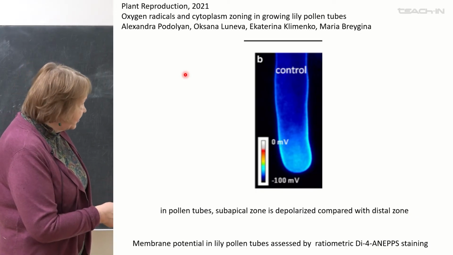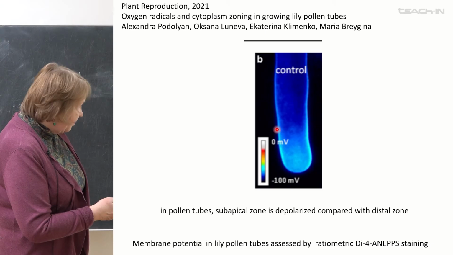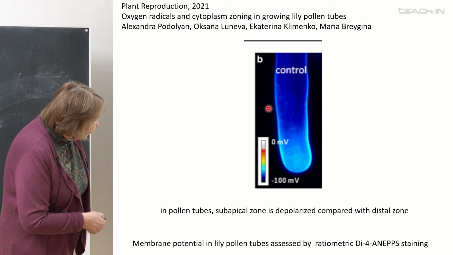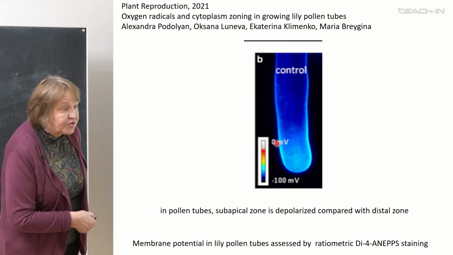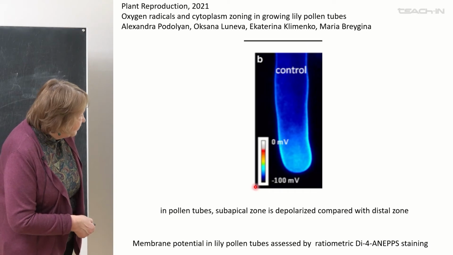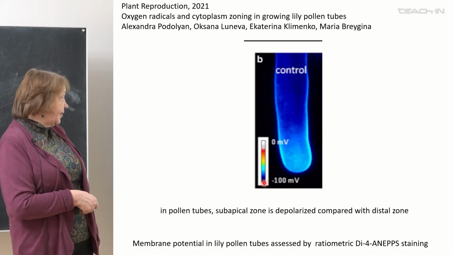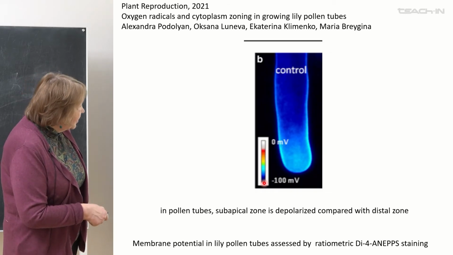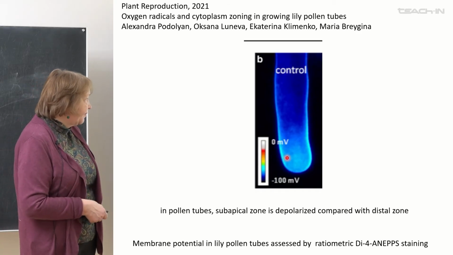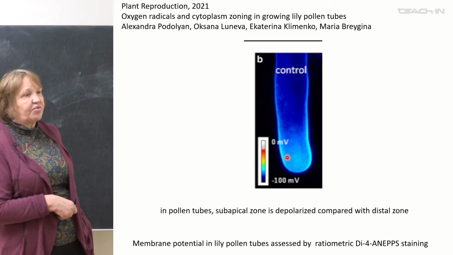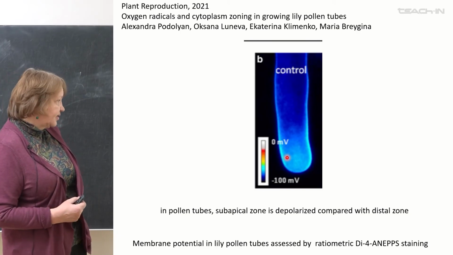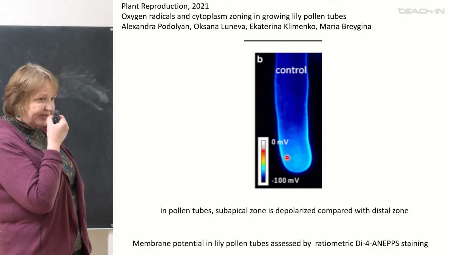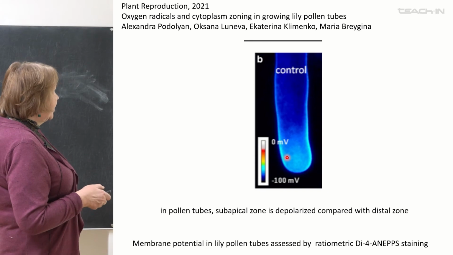If you look at the scale here, 0 millivolts is supposed to be almost white, and very negative is in the dark blue range. And you see that the tip of the cell is depolarized or hyperpolarized? It is depolarized, slightly depolarized.